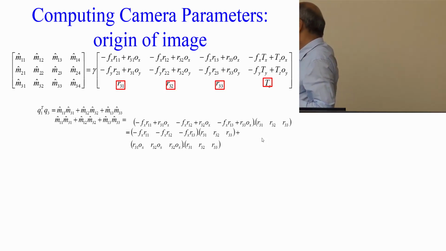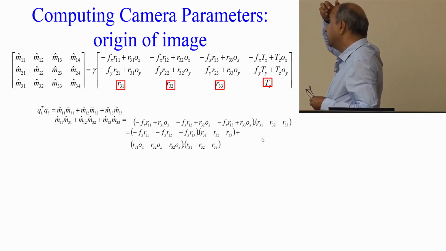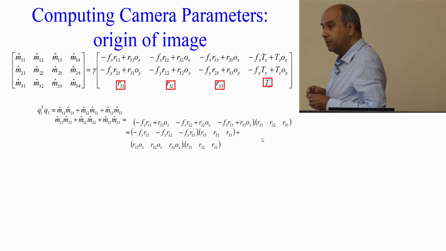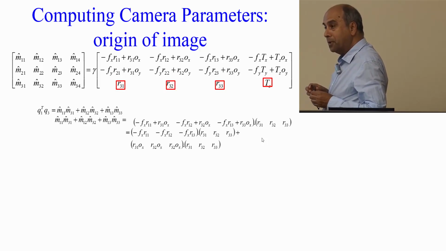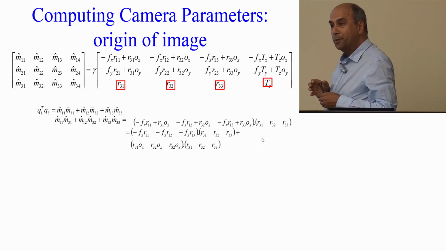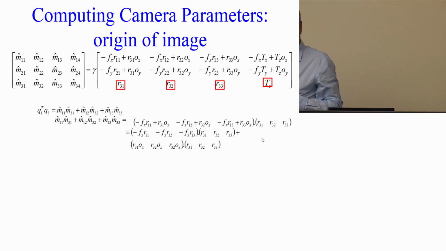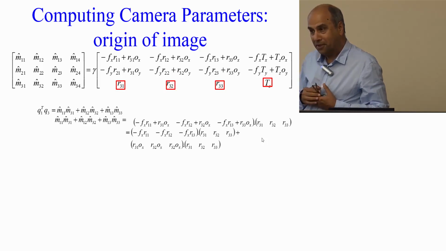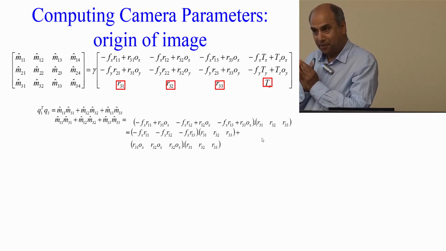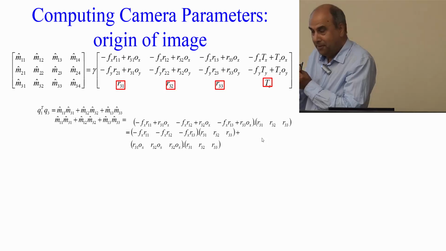Now tell me which should disappear. The first one or the second one? Second one should disappear. First one should disappear. Let's take a vote. The first one should disappear because the third row and the first row of the rotation matrix have a dot product of 0. Yes?